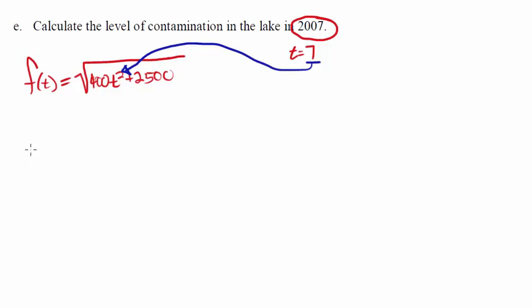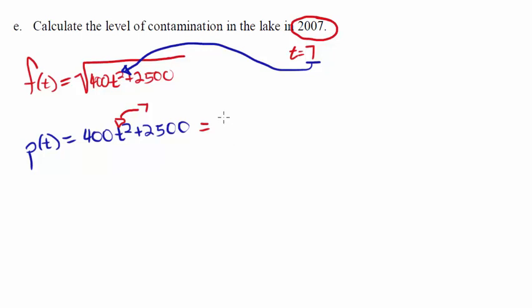I would take p of t, which would be 400 t squared plus 25, and plug in 7 here for t, and I would get out the population.